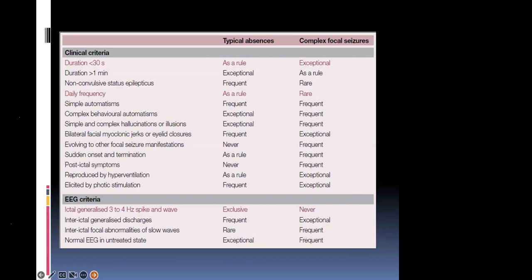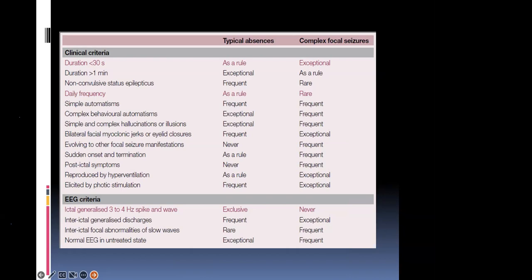And the most important thing is all our syndromes are electroclinical. So EEG always shows the 3 to 4 Hz spike and wave discharges in typical absences, and very rarely, almost nil, with complex partial seizures, except sometimes in frontal absences, which can mimic the typical absence in terms of the EEG.